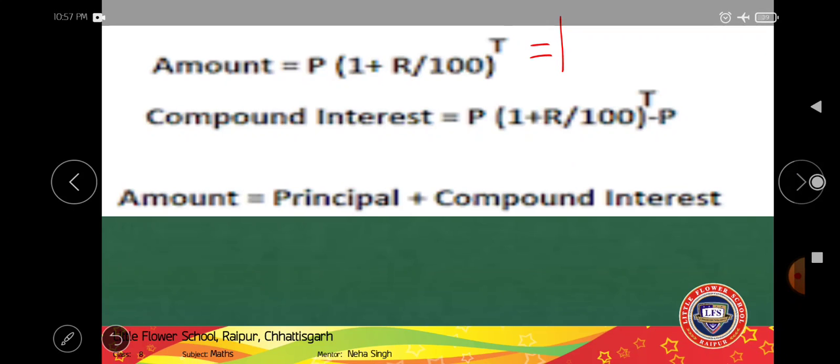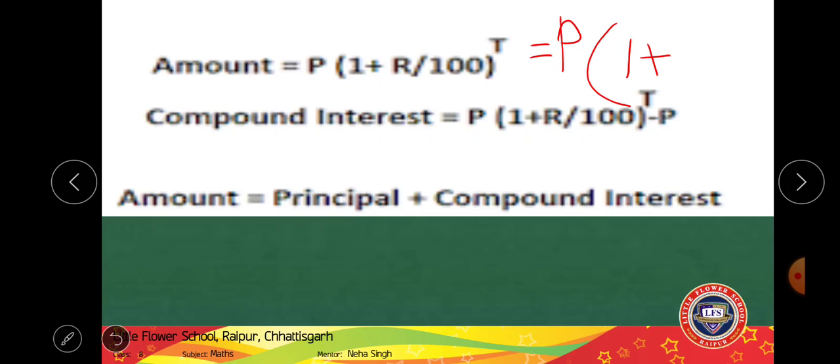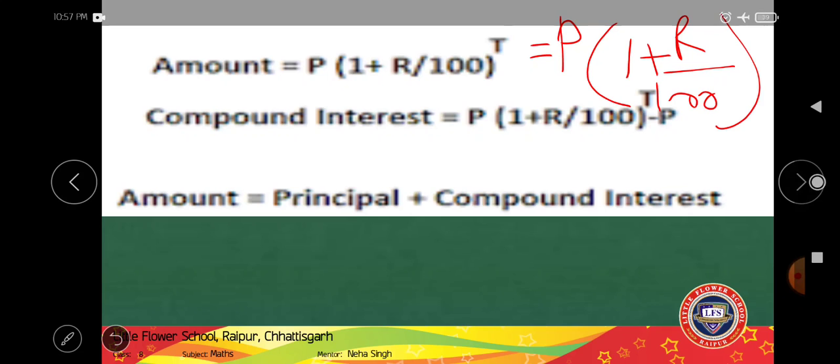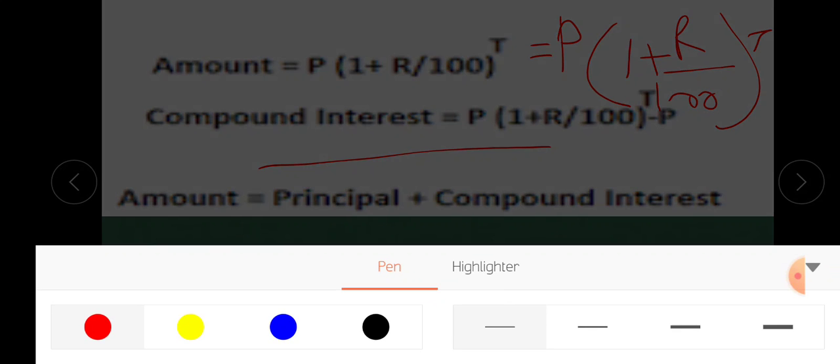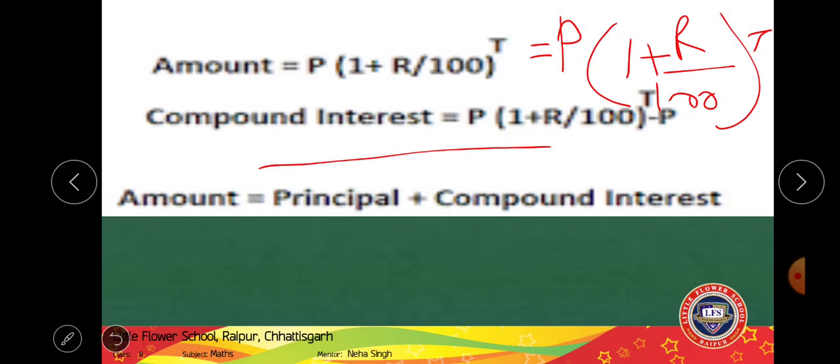You can write it as A equals P into 1 plus R upon 100 power T. Both are the same, right? And the formula for compound interest is also the same as the formula for amount, only the difference is that a -1 will be there. See, the amount formula you have written.